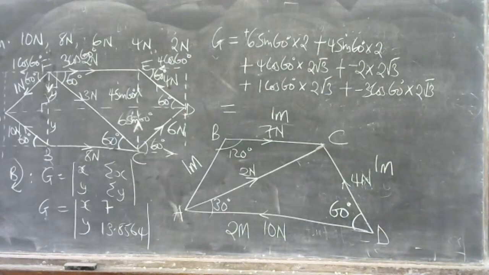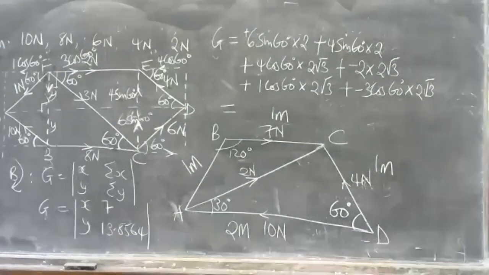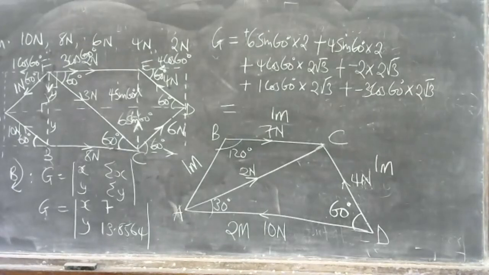I don't know what that means. Oh, he said we're going to do that next. Then part C, the point where the line of action of the resultant cuts side BC. Repeat from part A. Determine A, magnitude of the resultant force. Then part B, the inclination of the resultant to side BC.